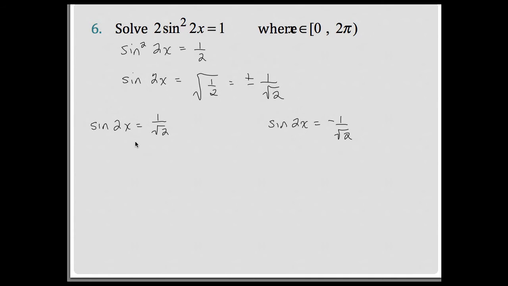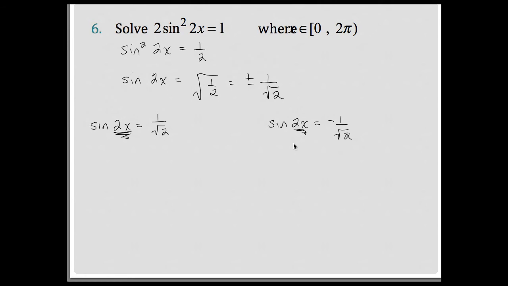The catch on this one is you don't have just plain x, you have 2x. So it's not as simple as just saying x equals whatever you have. It's really 2x equals whatever you have from the unit circle. All right, so let's break it down bit by bit. We're going to do sine of 2x equaling a positive 1 over root 2 first.